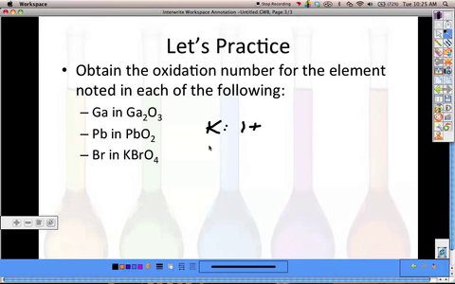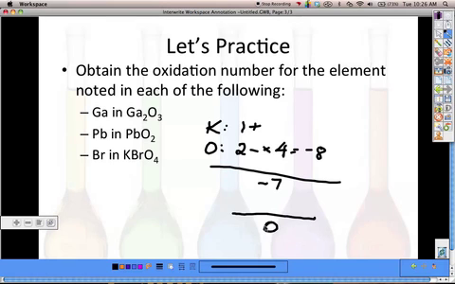We know that oxygen is a 2 negative, and there are 4 of them, so that's a -8. So overall from this, we have a -7, and we know overall we need a 0. So in this compound, bromine is actually acting a little bit different than we're used to. It's going to have a +7 charge.